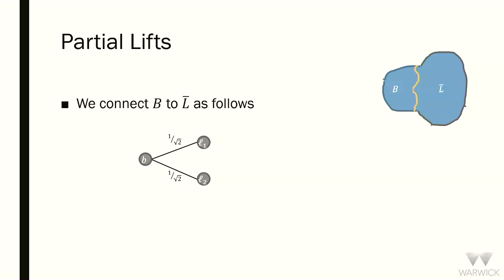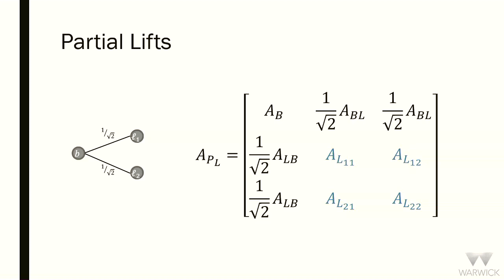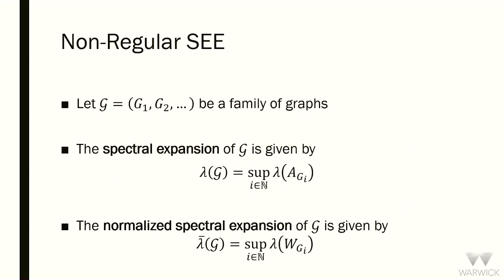So I need to define spectral expansion for non-regular graphs, and there are two definitions. One is the spectral gap of the adjacency matrix, and the second is the spectral gap of the random walk matrix, which are no longer the same because the graph isn't regular.